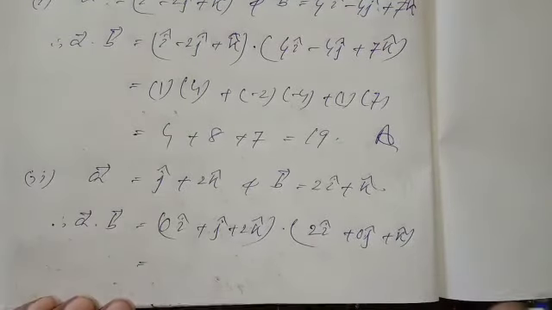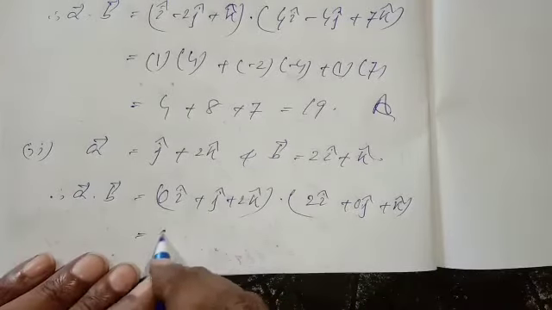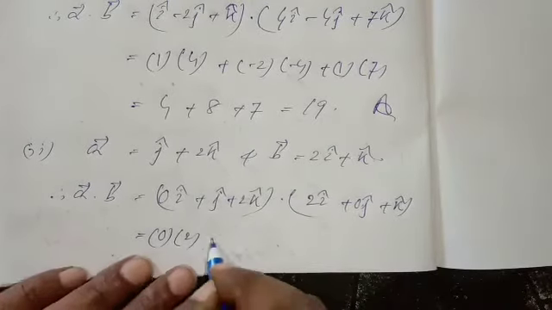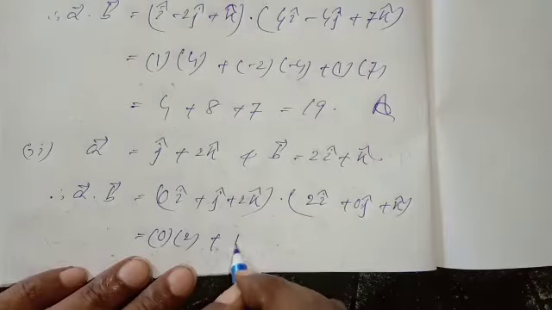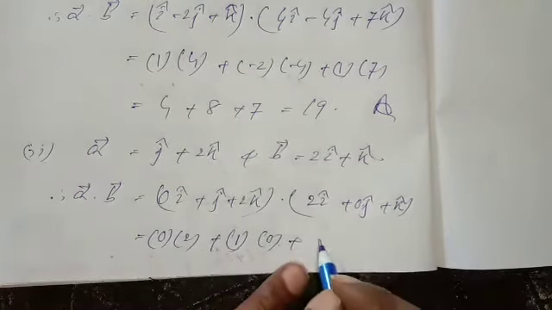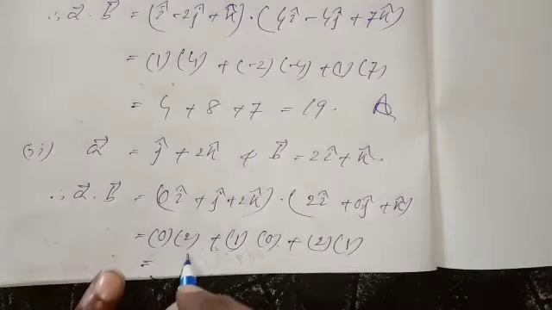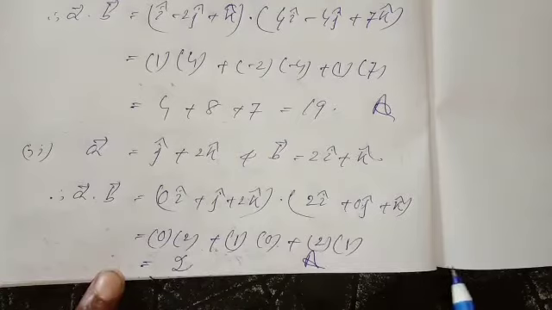Why am I writing 0 into i? Because i is not given, you have to write in coefficient form. 0 into 2, plus j coefficient 1 into 0, plus k coefficient 2 into j... the k coefficient is 1, so this gives 2. The other terms will be 0. Final answer is 2. A dot B equal to 2.